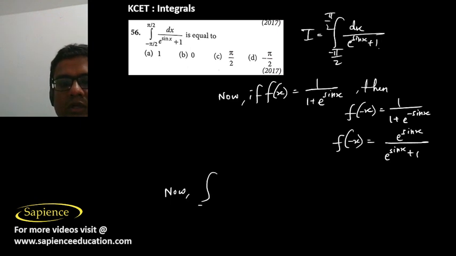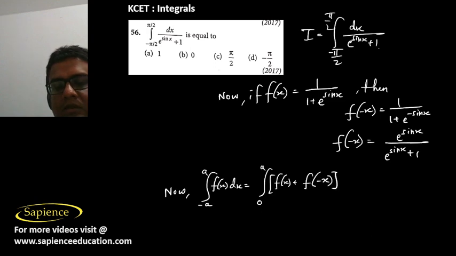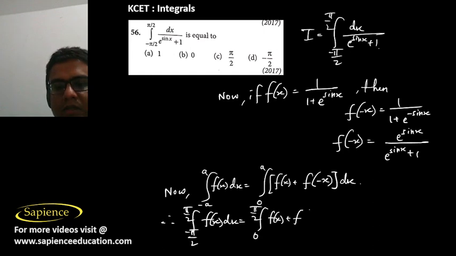Now we know that integral minus a to a f of x dx can be written as integral 0 to a f of x plus f of minus x dx. So therefore integral minus pi by 2 to pi by 2 f of x dx can be written as integral 0 to pi by 2 f of x plus f of minus x dx.